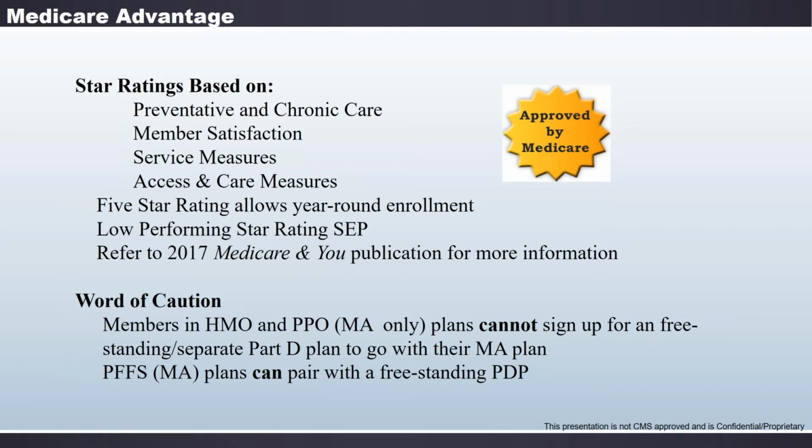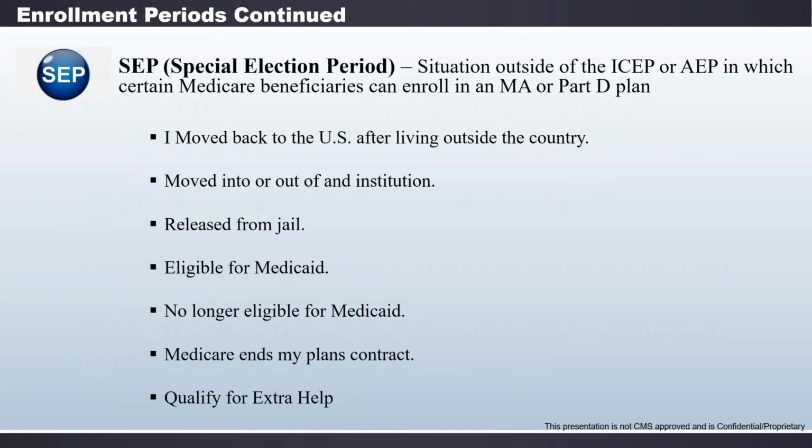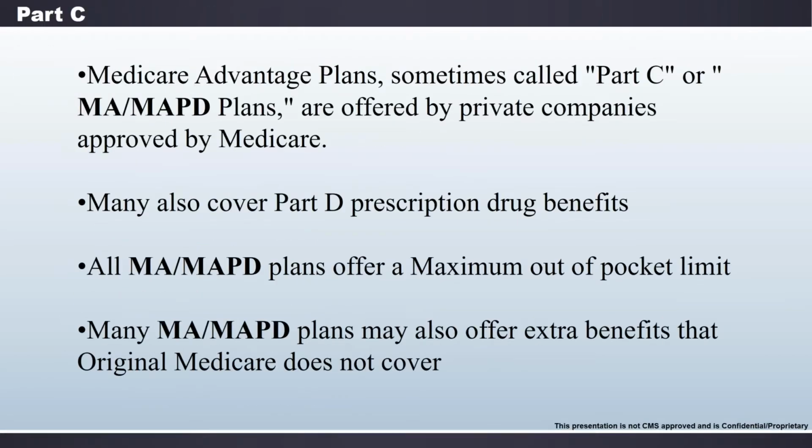So again, the star rating, we just kind of pointed out. Medicare Advantage plans sometimes are also called Part C, right, David? They are. And I always look out for the one who says, and I've had customers tell me, oh yeah, I've got a Medicare supplement. It's an HMO.